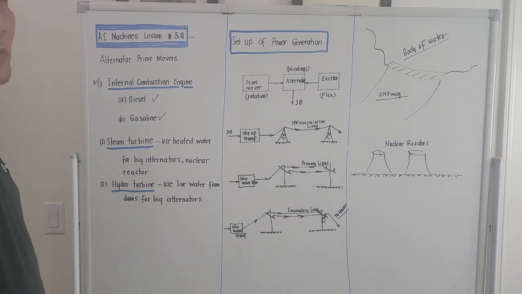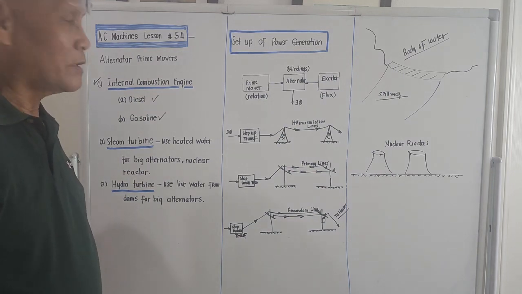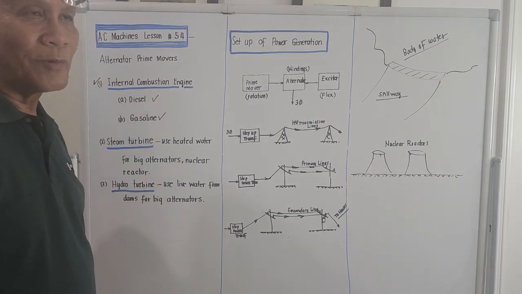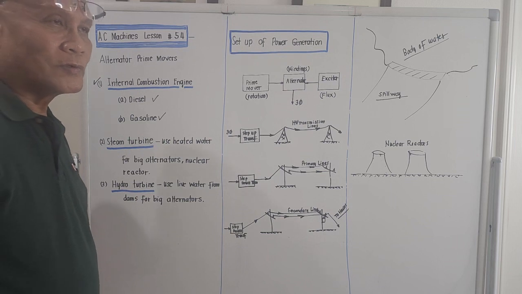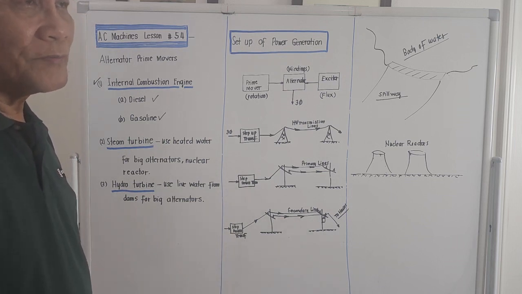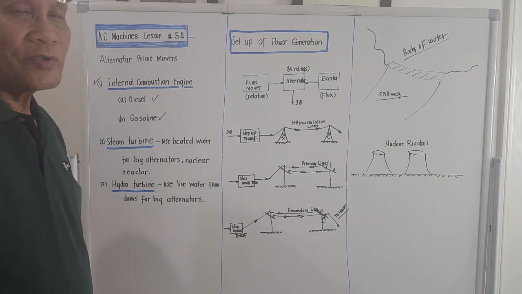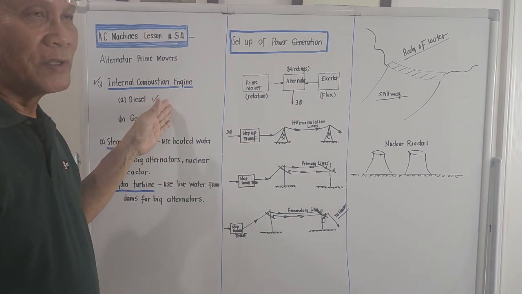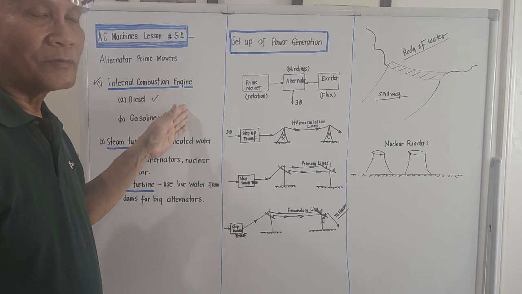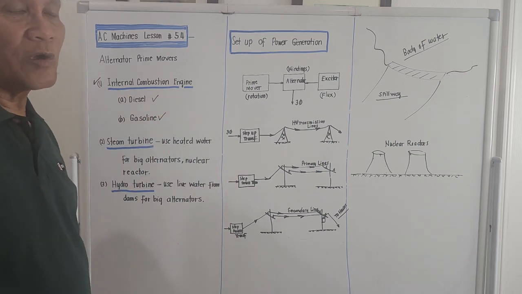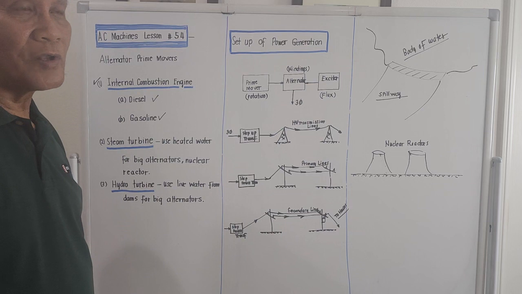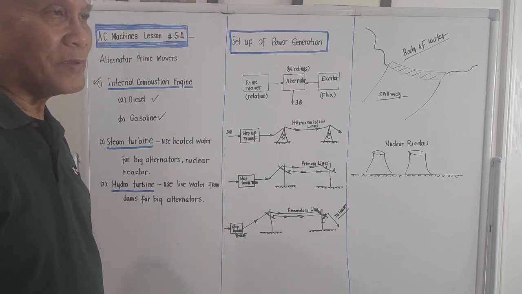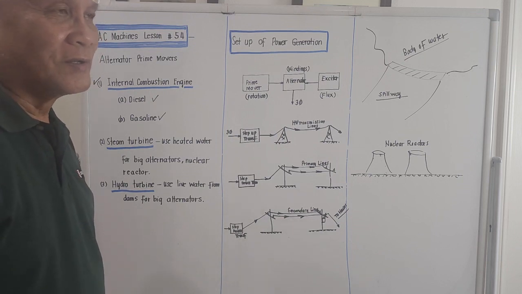So if you try to generate alternating current by using diesel and gasoline, the expenses might be too much in comparison to the size of the alternator itself. It's not an economical way to generate power if we are talking of big areas like maybe 3 states or 2 states.